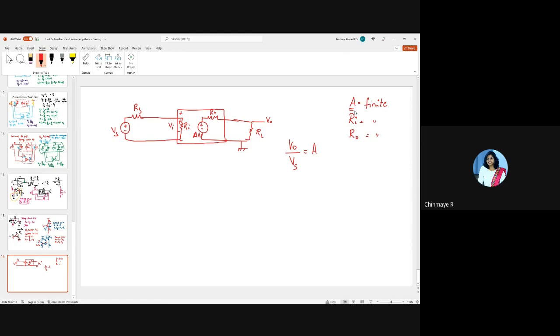Is it the gain of this circuit? If I give an input Vs, say 1 millivolt here, will I get V0 equal to A times 1 millivolt?